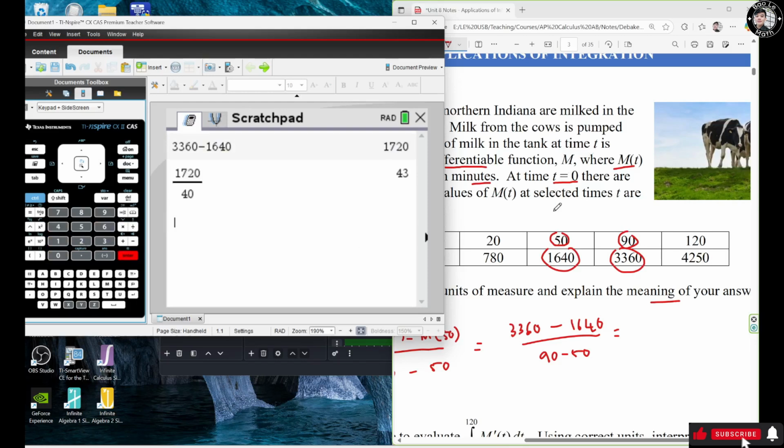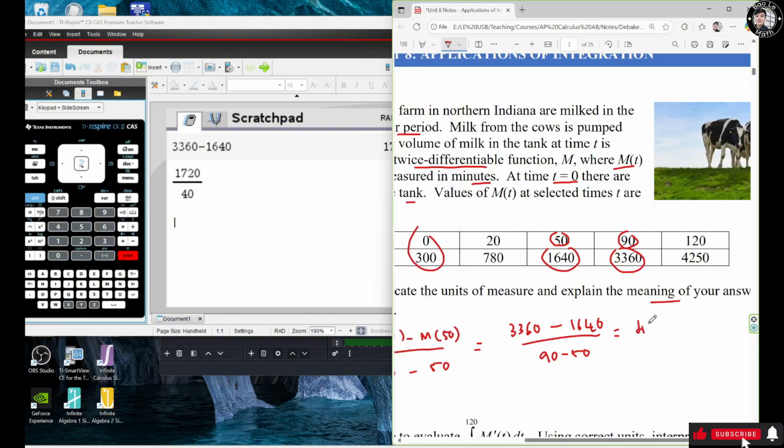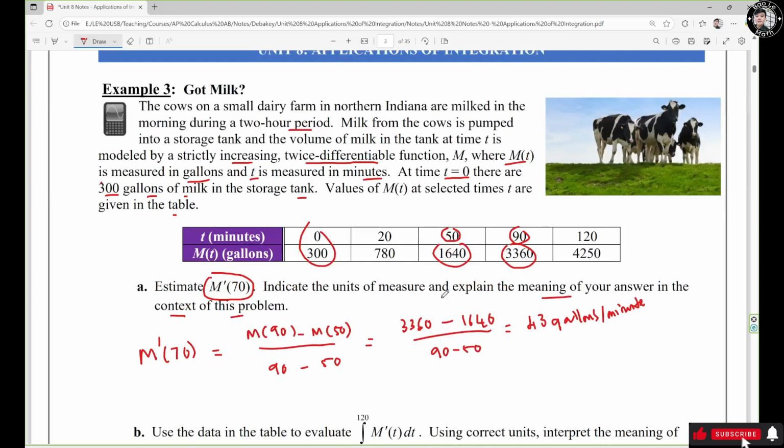The answer is 43 gallons per minute. Now you need to explain, so you need to say that the amount of milk in the storage tank is increasing because it's positive, by 43 gallons per minute at time t equals 70 minutes.